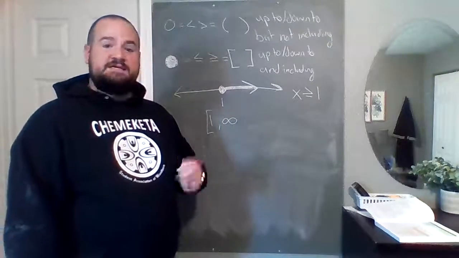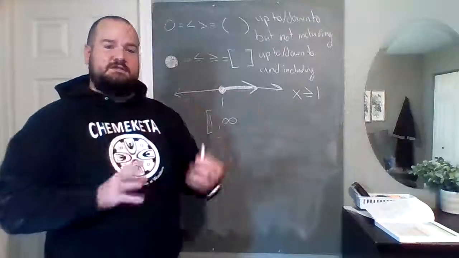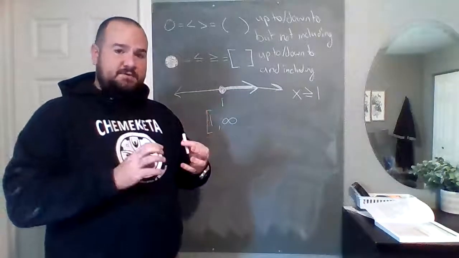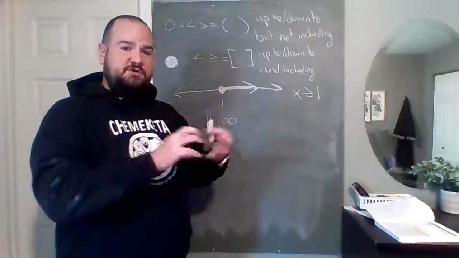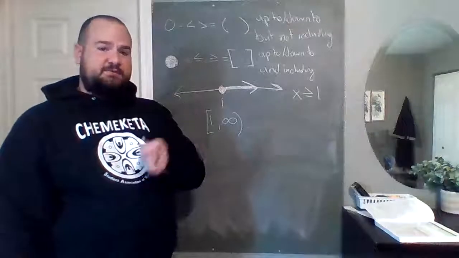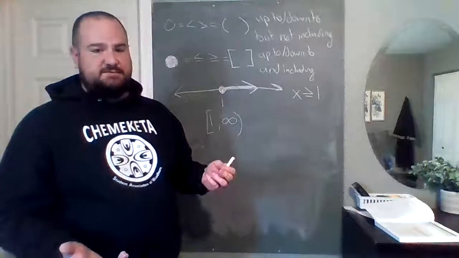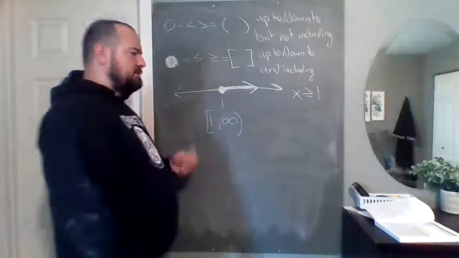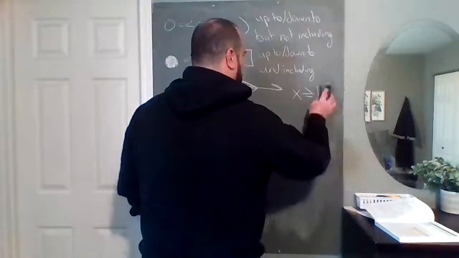No. Infinity is an idea, a theory, if you will, right? Or this theoretical construct. It's not a number, which means we can never equal it. We can never include it. Infinity always gets a parenthesis. And it's that simple. Okay? So there's another easy one. Let's make it a little more complicated.